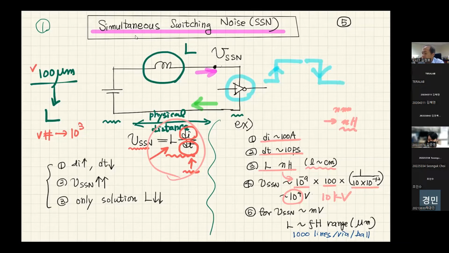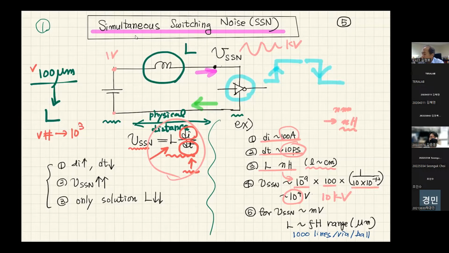So assume that you have a 1 volt power supply for your digital chip. Surprisingly, if you are switching 100 amps with 10 picosecond switching time, you're going to generate kilovolt switching noise. So it's becoming a really high power amplifier RF circuit.